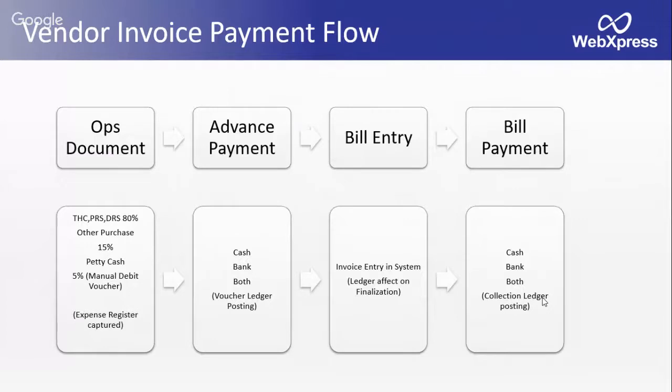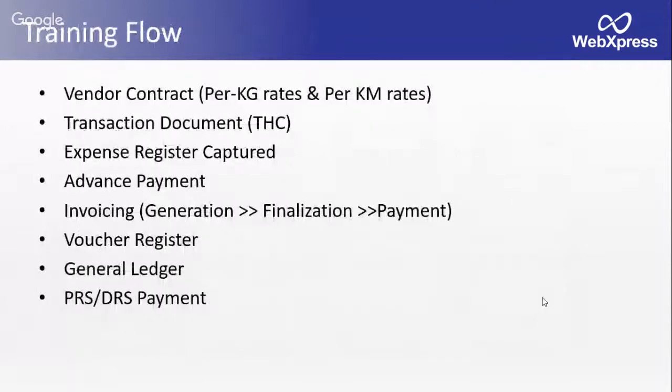Now, once we have understood the vendor invoice payment flow, let us understand the flow of the training. We will start with vendor contract, which consists of per kg rates, and another contract which consists of challan. We will showcase per kg rate, and for PRS DRS.